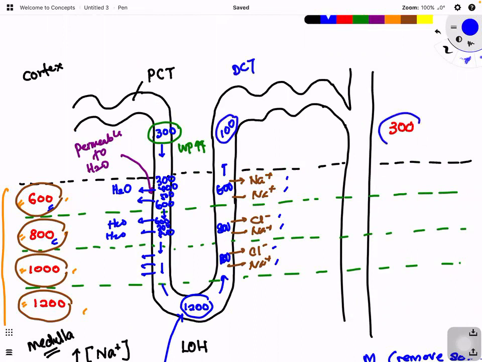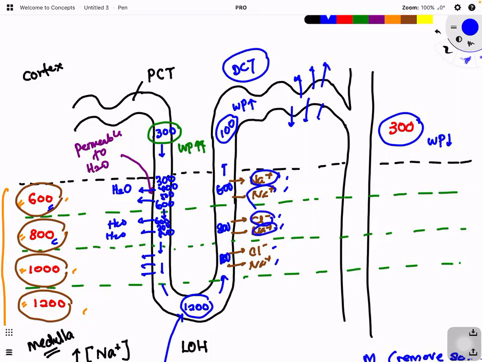Second, 100 means the water potential is still higher compared to the surrounding. So continuously, we can reabsorb back the water molecules. This is how we reabsorb water in the DCT: because we pump out sodium ions and chloride ions, making them low in solutes. When low in solute, it basically has higher water potential, so water molecules can be reabsorbed back in the DCT.